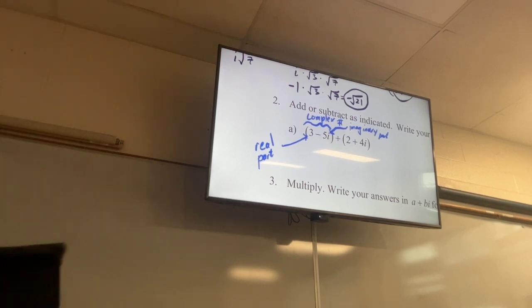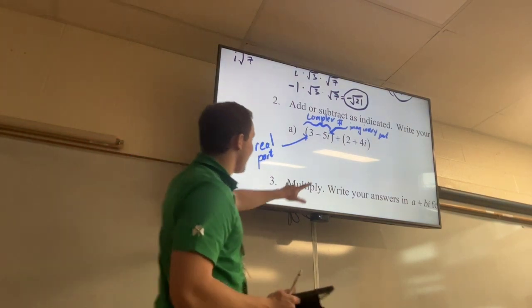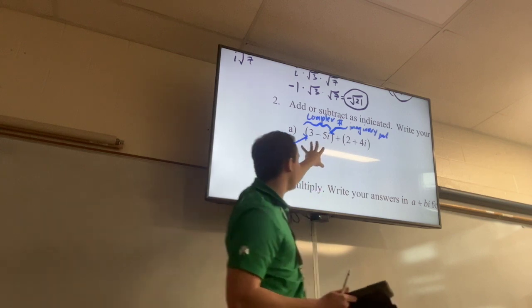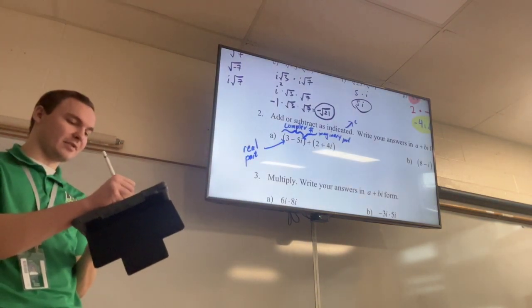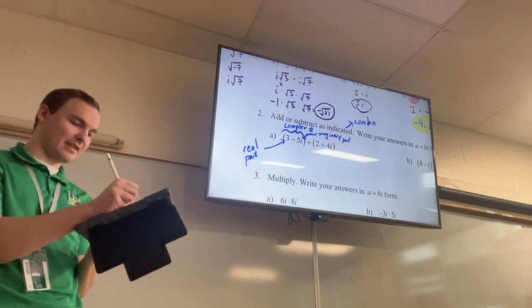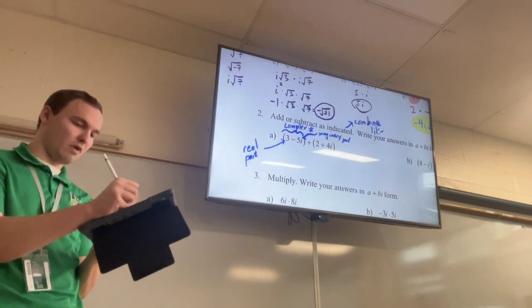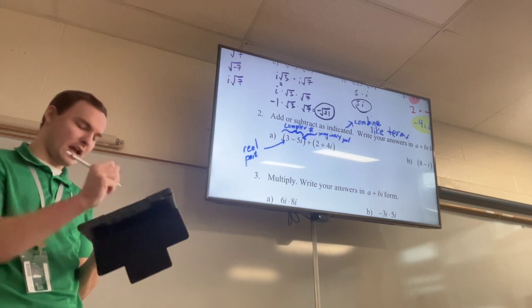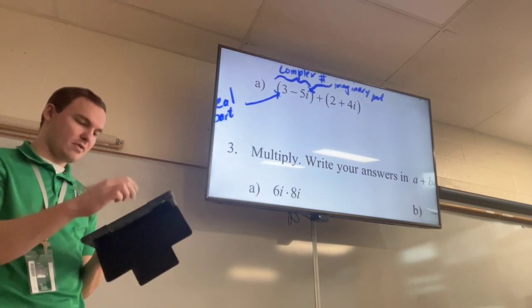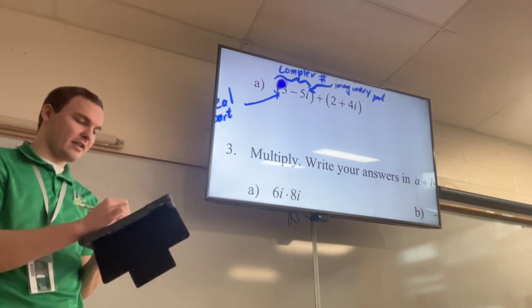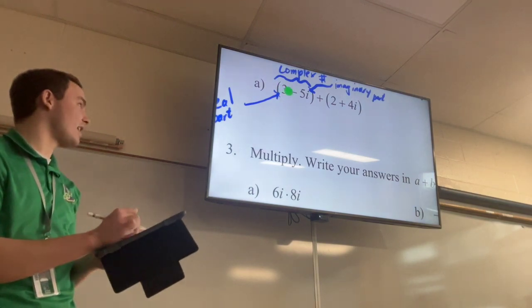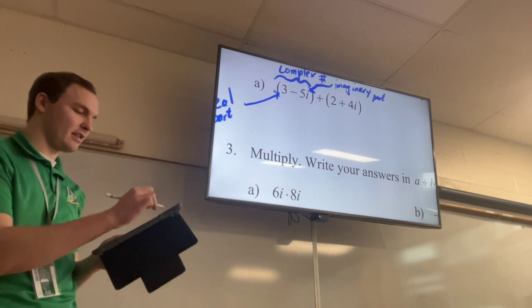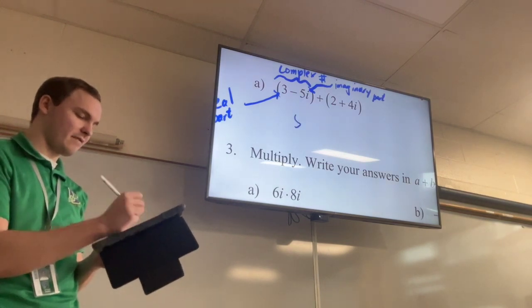That stinks. All right. So for adding and subtracting complex numbers, all you do is you combine like terms. It's not that different from what we did in chapter 4. So here we combine the real 3 that does not have an I, and that 2 that does not have an I. Those combine to 5.